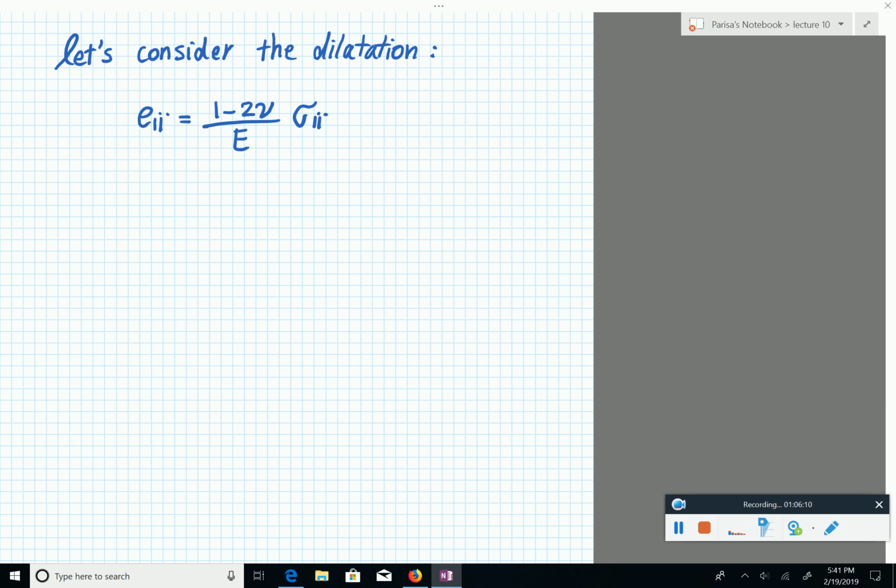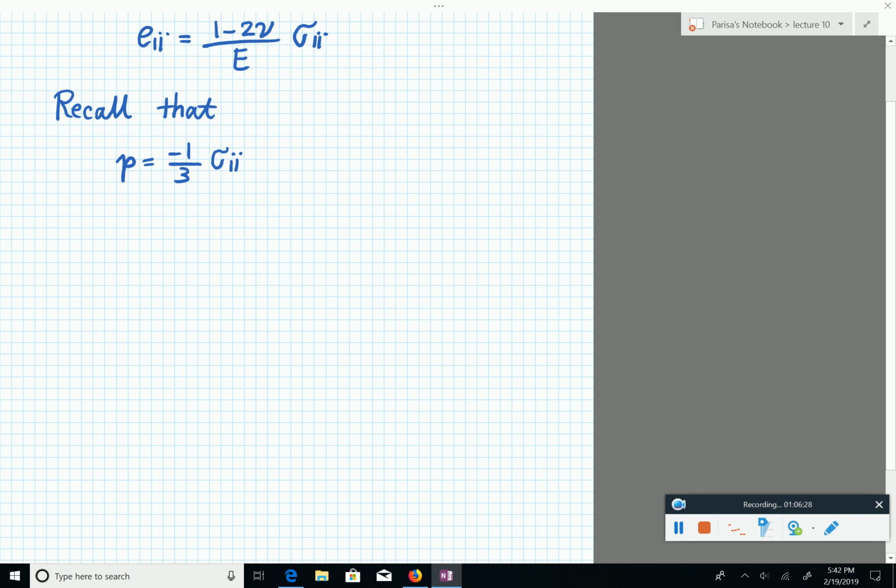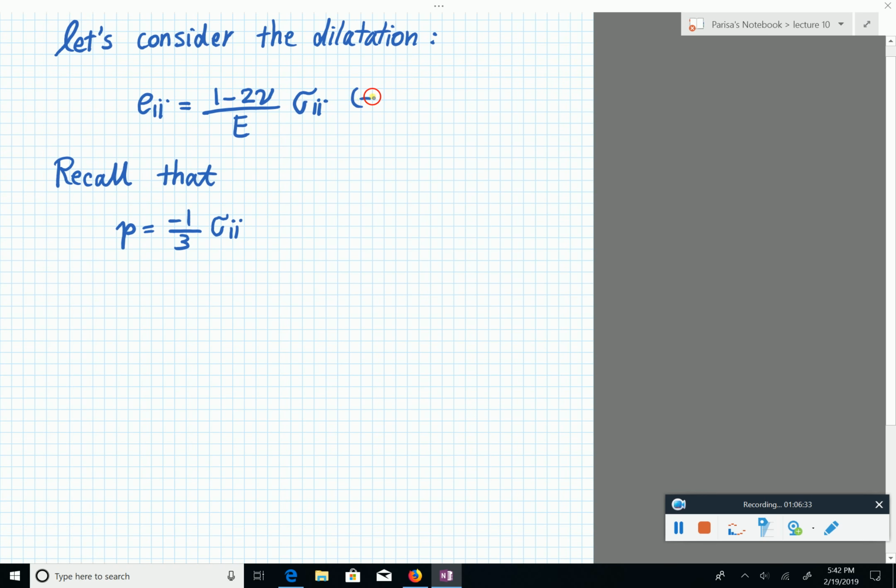And a little bit earlier in this class, I defined a parameter called pressure. So now we want to use that. I told you that this is going to be useful. And now if I just substitute from above, now I'm writing a stress in terms of a strain.